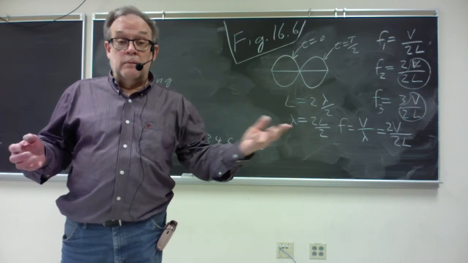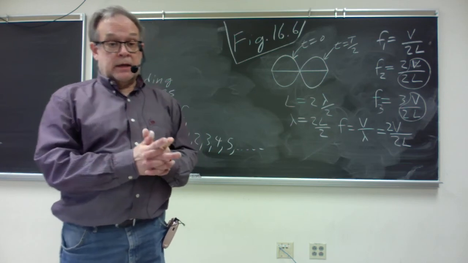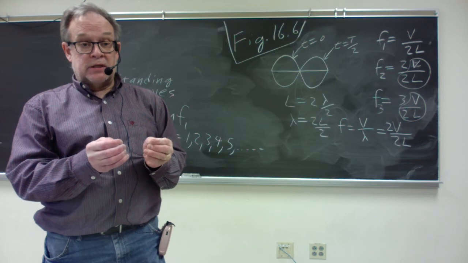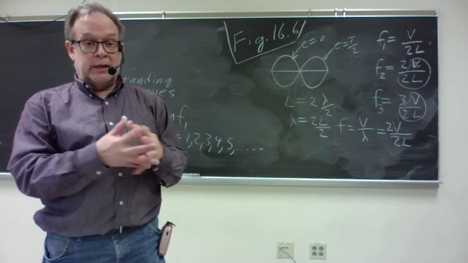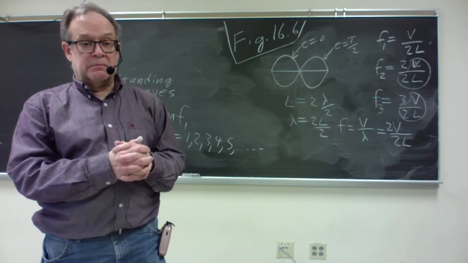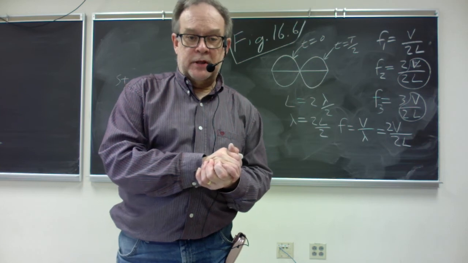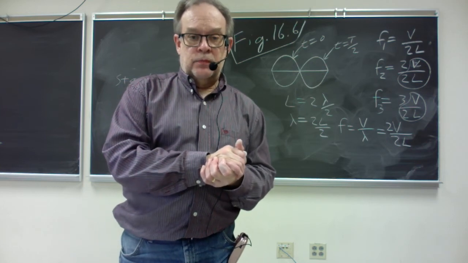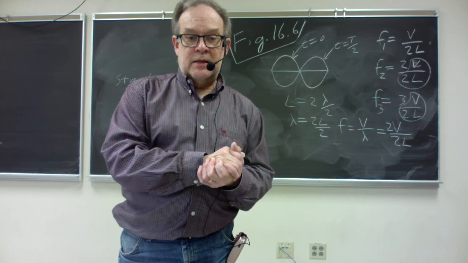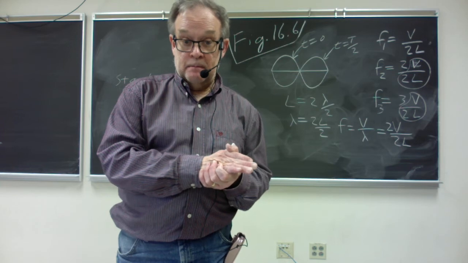We've seen that before. Way back in chapter 14, that's what we call resonance. Remember what that means. There are certain frequencies at which a system most easily vibrates, certain frequencies at which a system likes to vibrate, if you want to put it that way. And those frequencies will be frequencies at which you get the biggest amplitudes.